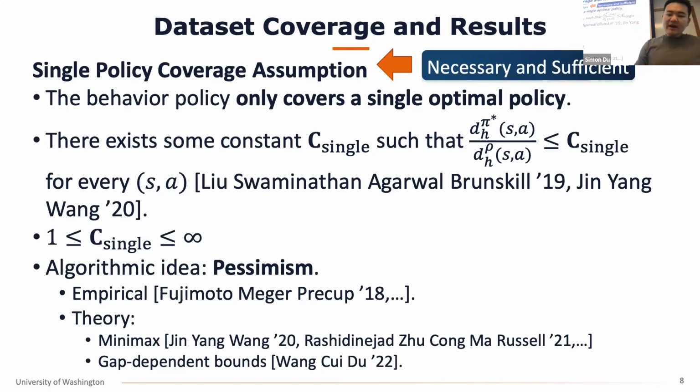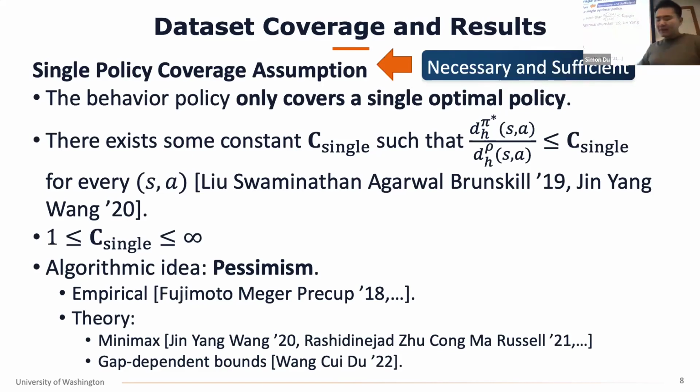On the other hand, you do need to change your algorithm to really make it work. You cannot just naively estimate the transition and reward and then output the optimal policy for that. Here you need a new algorithm idea called pessimism. It has also been tested empirically, which is very useful.